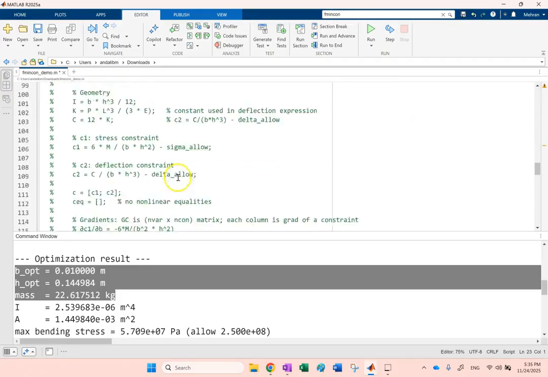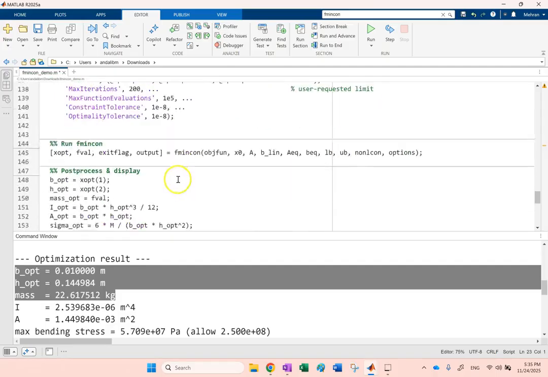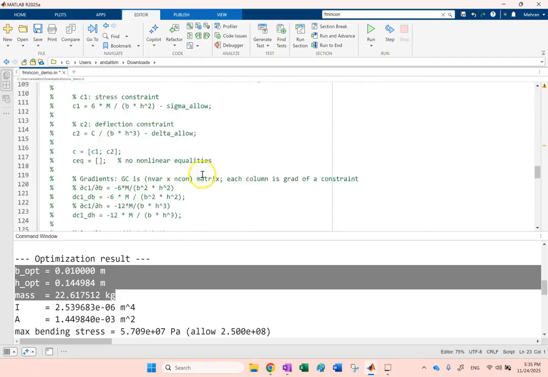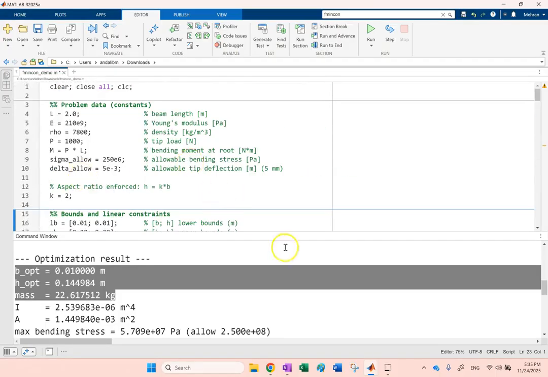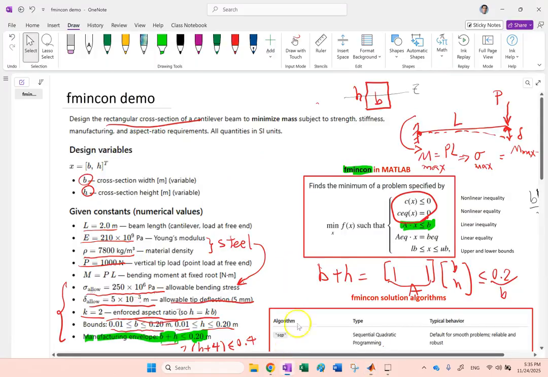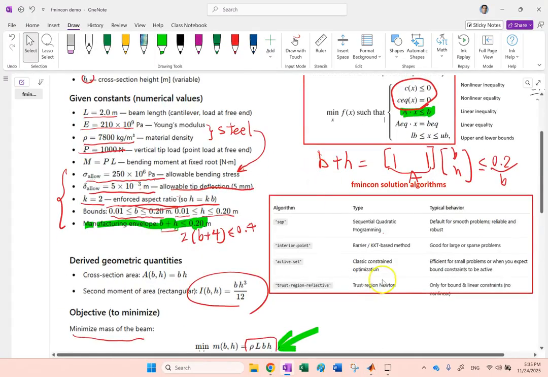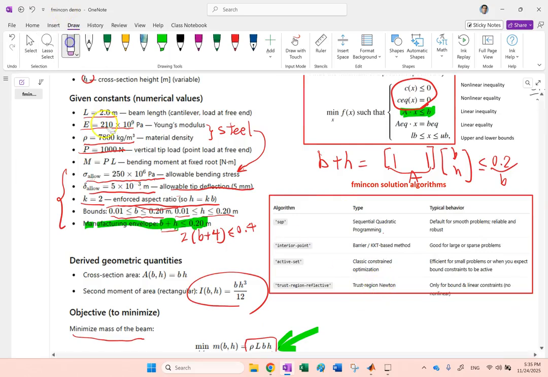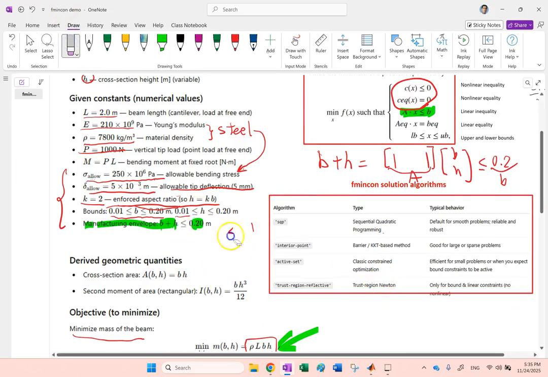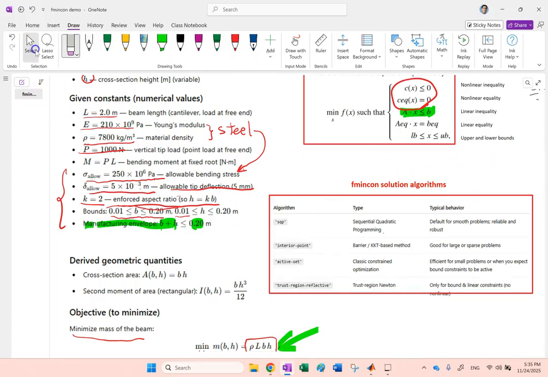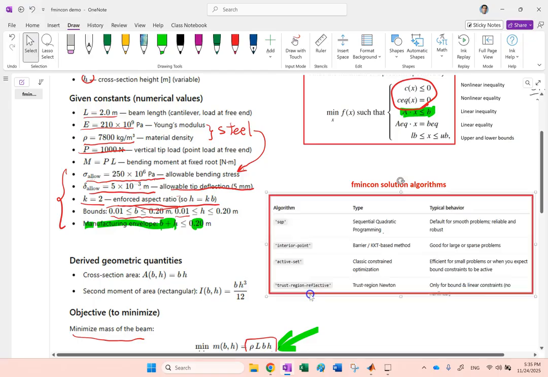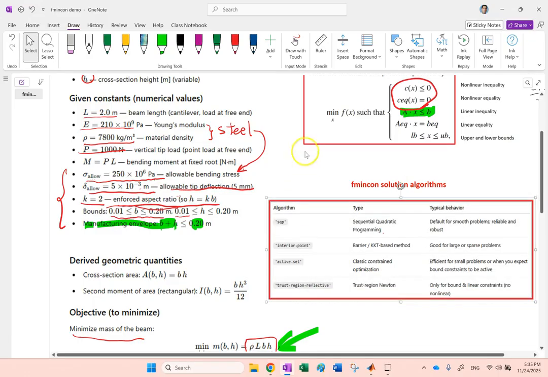I'm going to share this code with you under the video description, and hopefully you learned how this fmincon command can be applied in MATLAB to an engineering problem. Now, before I finish this video, I want to just mention briefly what I promised you, and that is, what are the algorithms for this command?